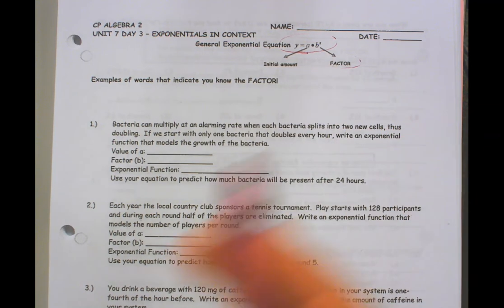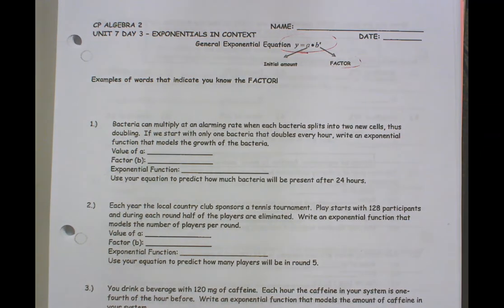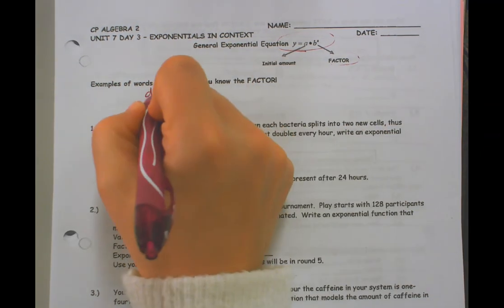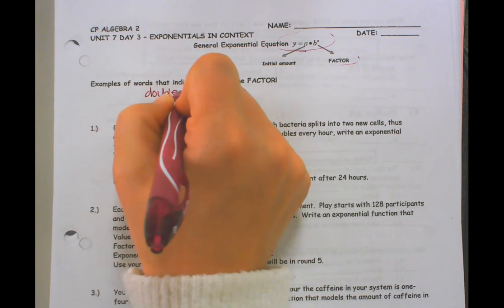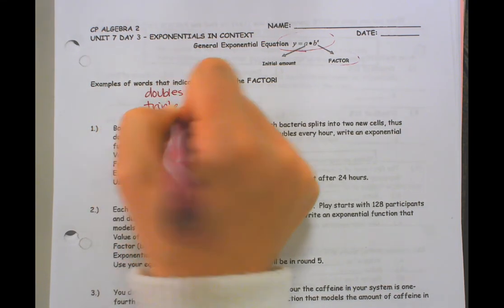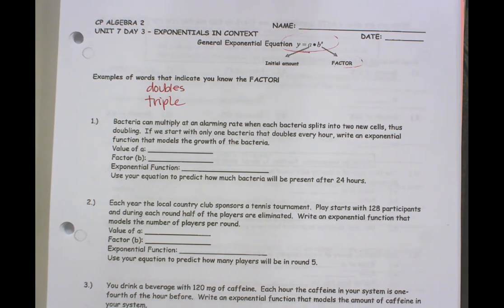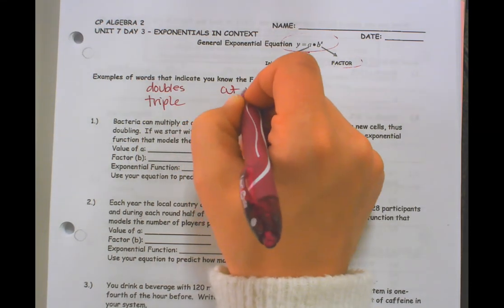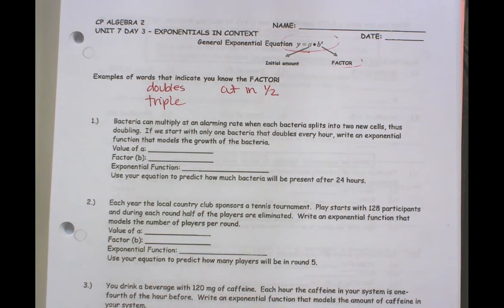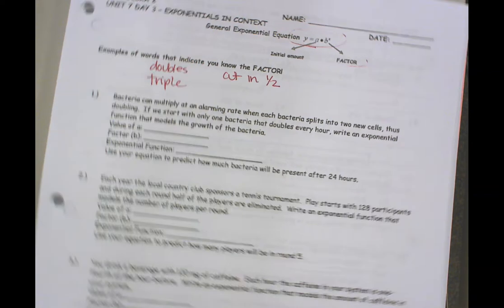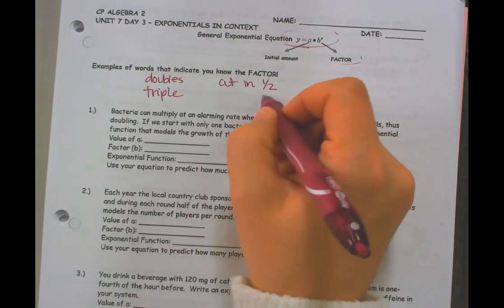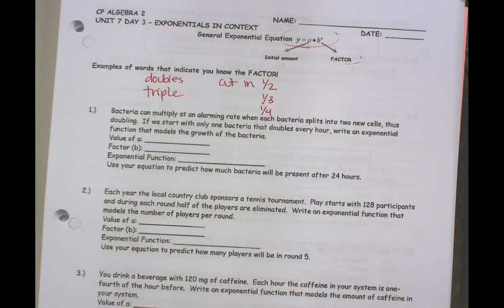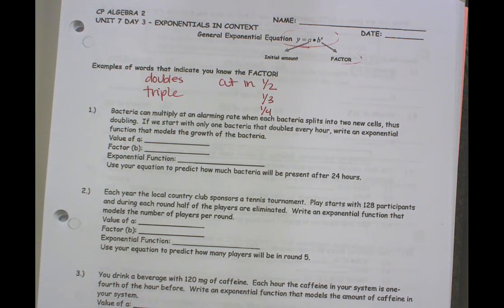Things that indicate that you're working with a factor would be if something doubles or triples, or if something is cut in half, cut in a third, a fourth, right? Any fraction that they're listing, a fourth of something happening, things like that, all represent a factor.